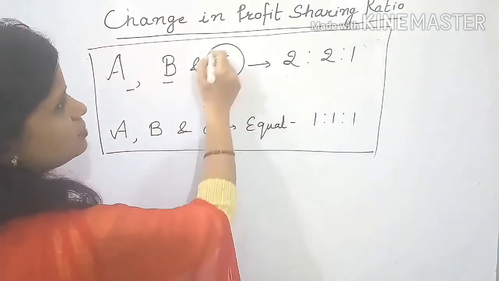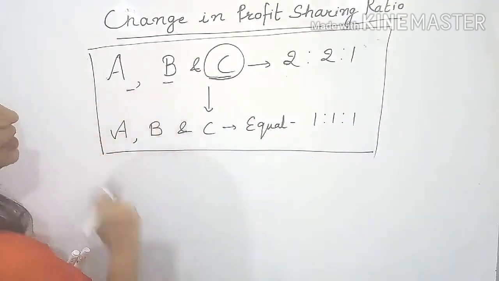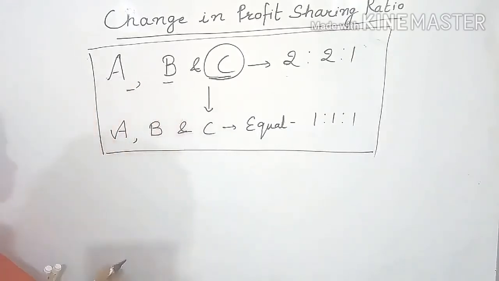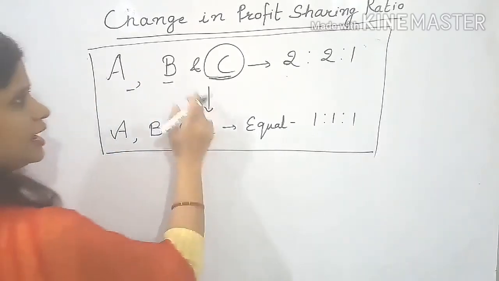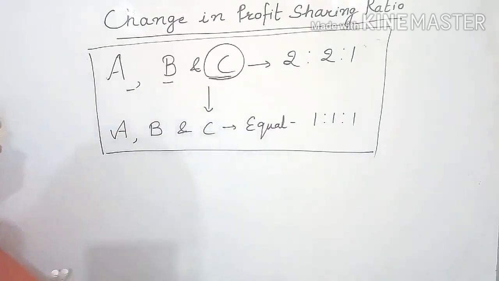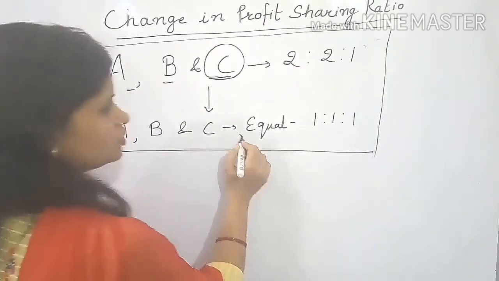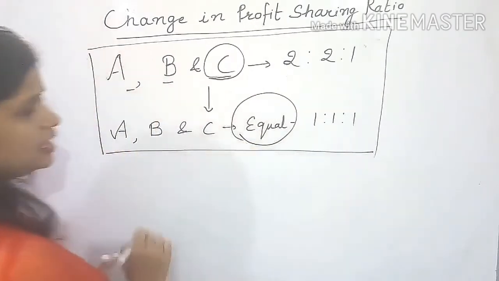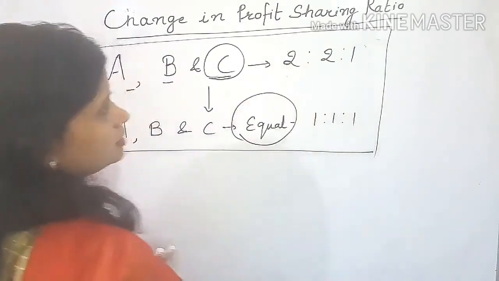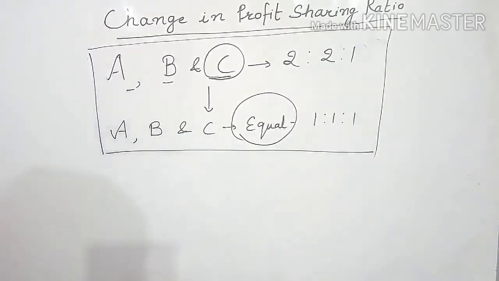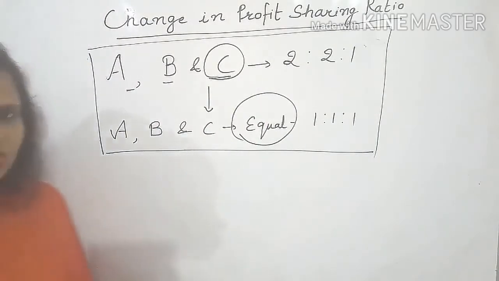Now C is demanding from A and B that he should get equal profit, and A and B both agree to that. Now their profit sharing ratio is decided to be equal, that is 1:1:1. This is termed as the change in profit sharing ratio.